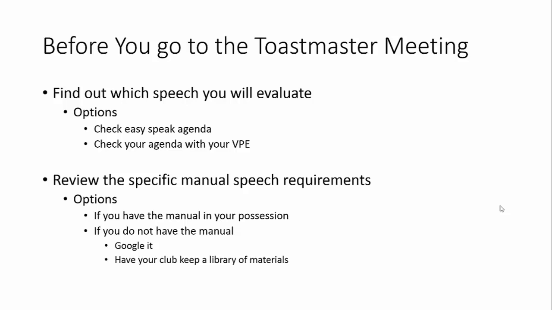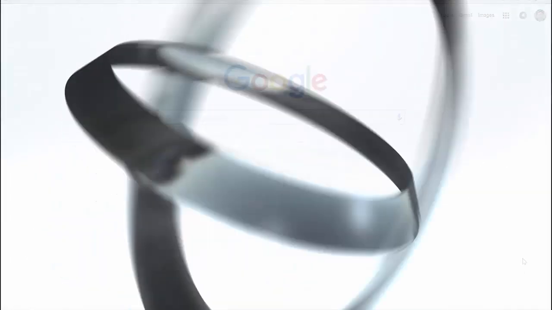That's the important part. Let's take a look at what it looks like on Google to find these things, because you can find a lot of them online, and maybe you download a whole bunch of them and keep them in your library. That might be the easiest thing to do. So let me show you how I would go and find it on Google.